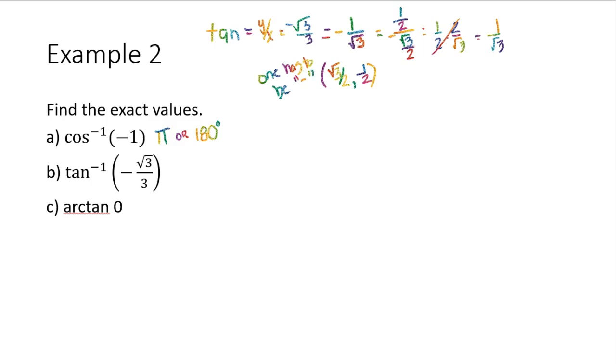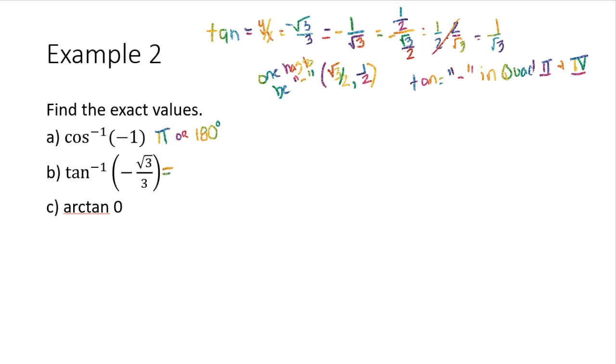The tangent is negative in quadrants 2 and 4, which means the angles we're looking for are going to be in quadrants 2 and 4, and the coordinates are going to have square root of 3 over 2 for x and 1/2 for y.